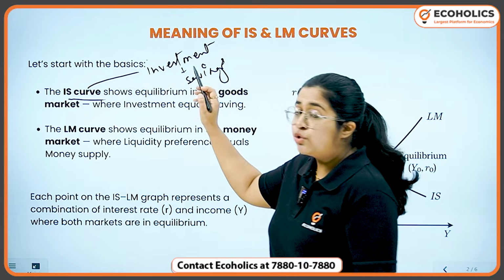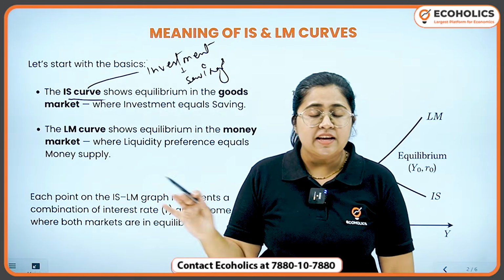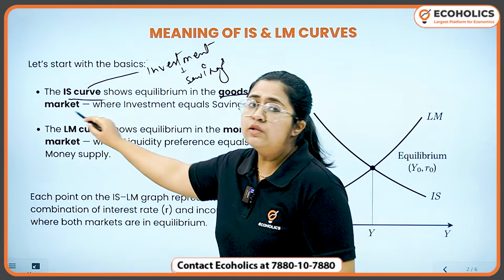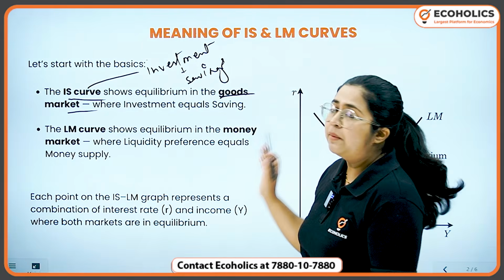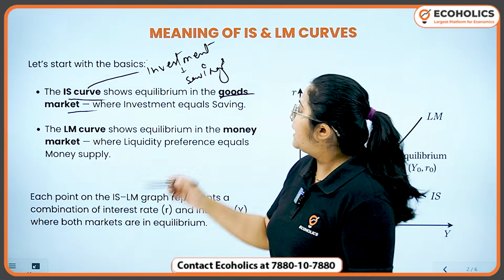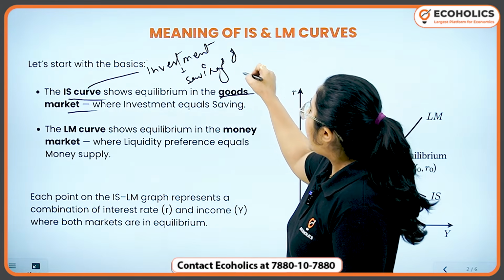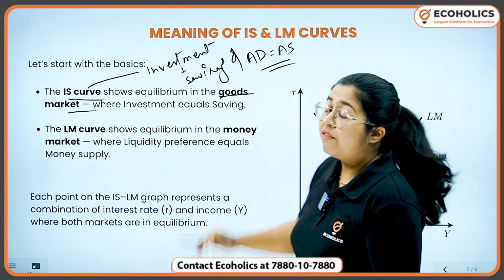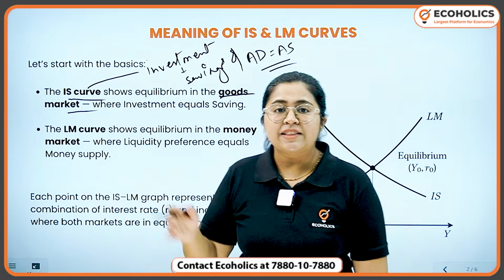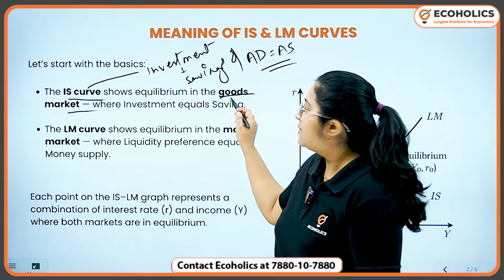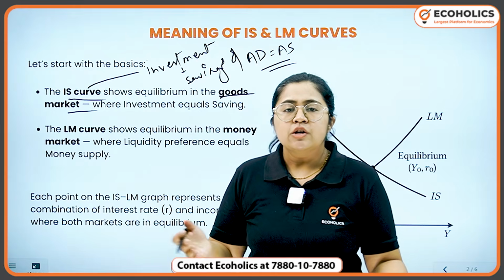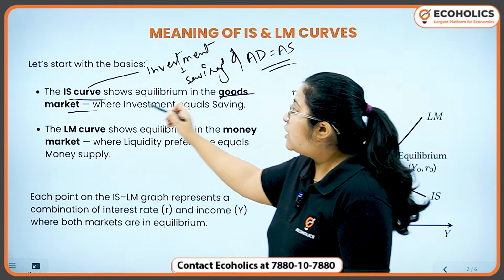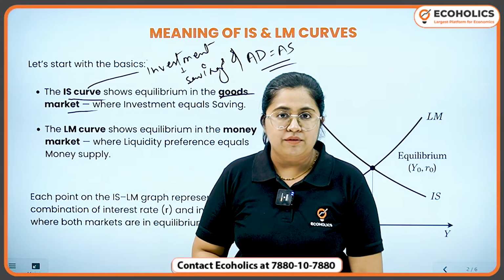The IS curve shows the investment and savings in the economy, but it also showcases the equilibrium in the goods market. So basically investment and savings, and AD equals AS. AD equals AS means the goods market equilibrium. When aggregate demand is equal to aggregate supply, it is showcased by the IS curve, okay.